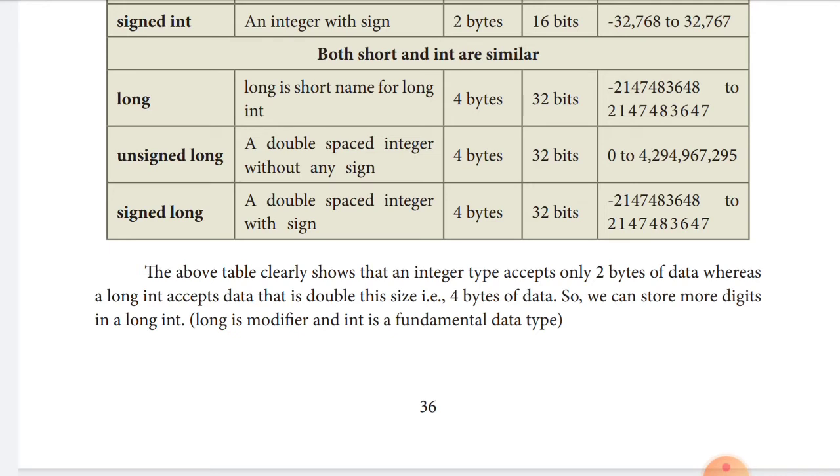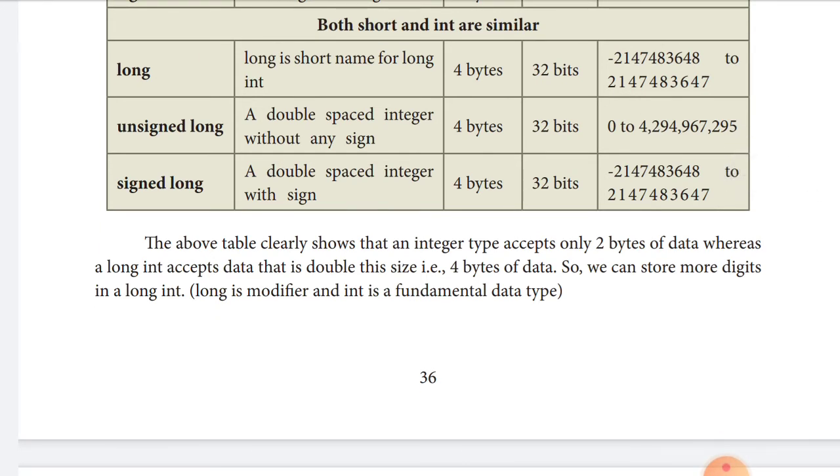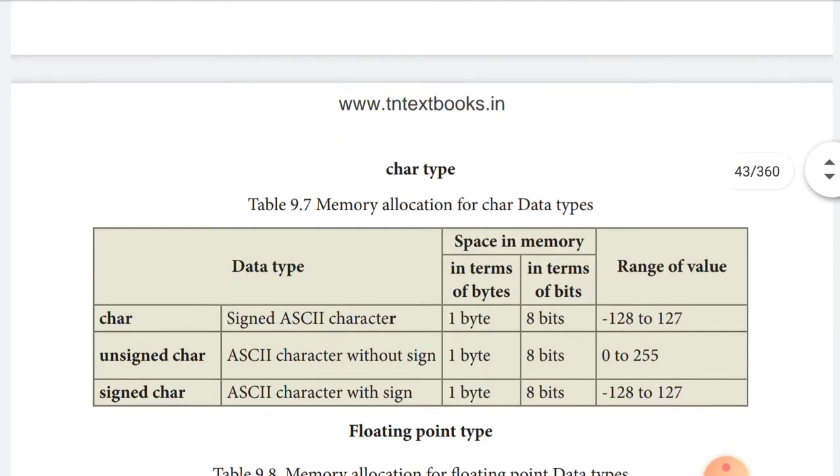So we can store more digits in which integer? Long integer. In the standard integer we store 2 bytes; in long integer we use 4 bytes, so more memory space is available to store more data.